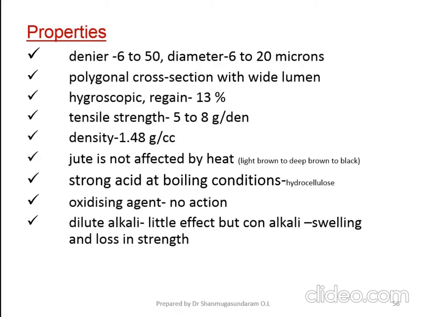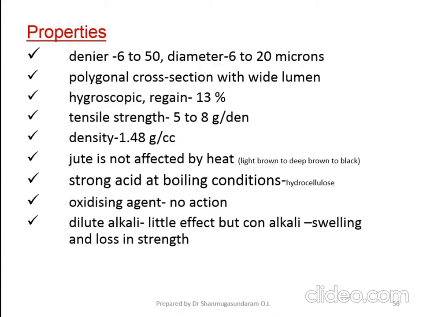Then strong acid, yes, it will affect your flax fiber similar to your cotton. Cotton will start dissolving when you subject it to strong acid like hydrochloric acid or sulfuric acid.